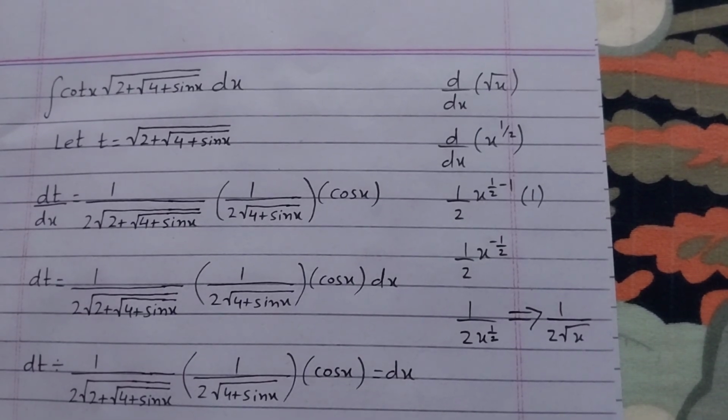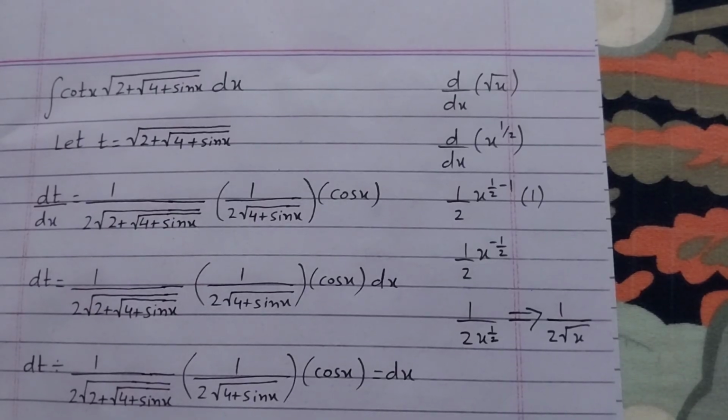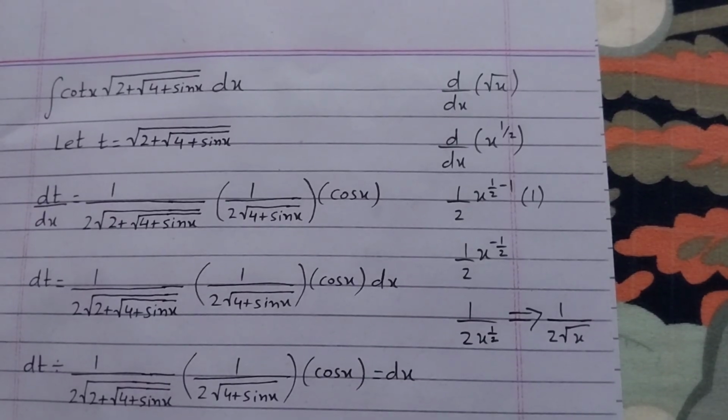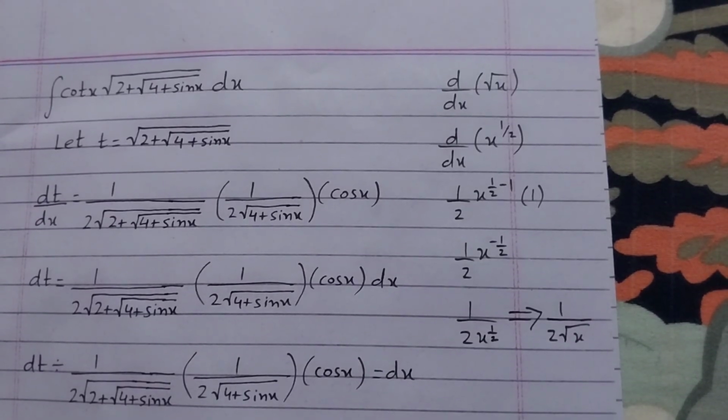And if we want to make this negative power positive, we need to take this to the denominator. So 1 by 2 times x raised to power 1 by 2, and x raised to power 1 by 2 is just square root of x. So the derivative of square root of x with respect to x is simply 1 over 2 times square root of x.